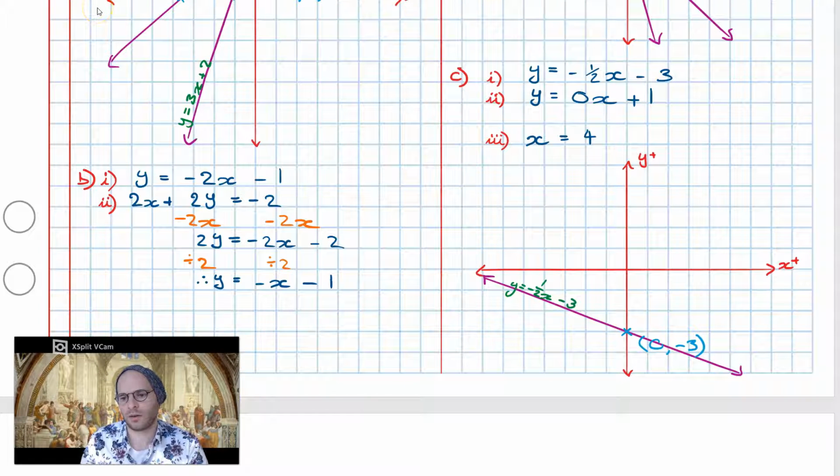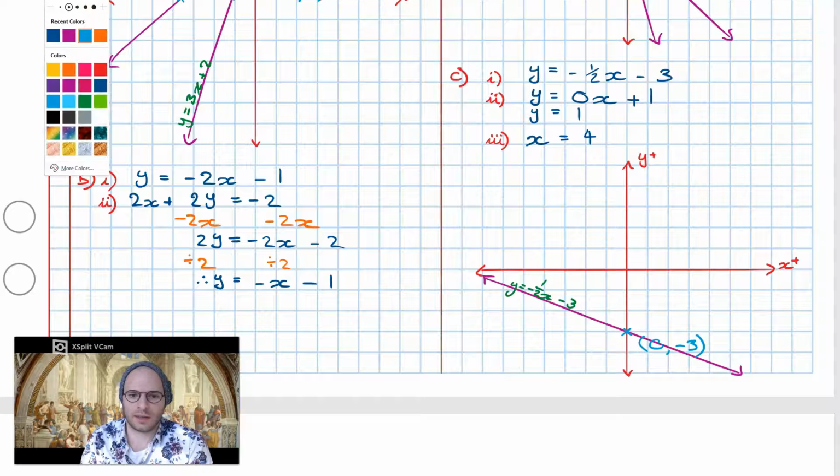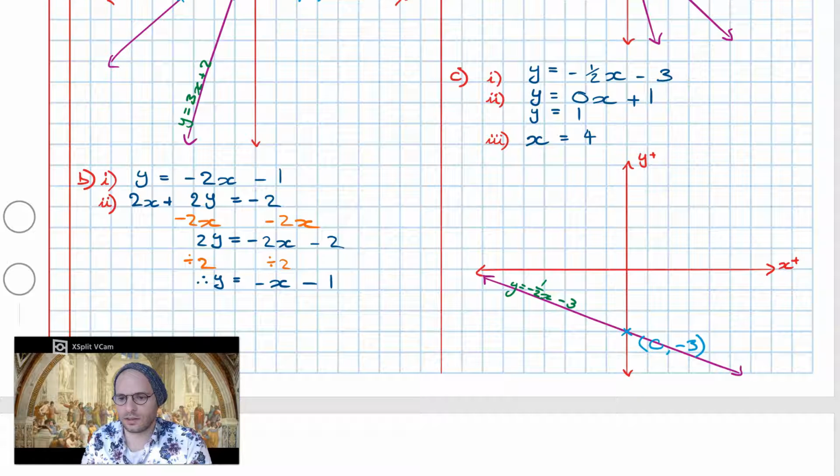Alright, next one we have y equals 0x plus 1. What you're going to find is that the coefficient in front of x here is 0, which basically means that we're dealing with y equals 1. Now to be able to sketch this, what we're going to need to do is we locate our constant c, which is 1, and we mark it out on our graph.